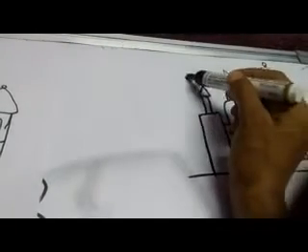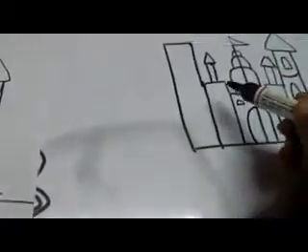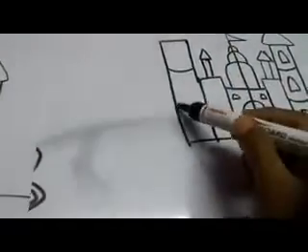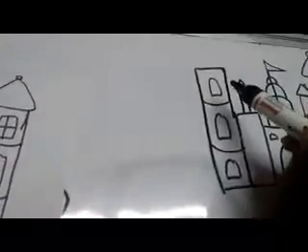Now see on the other side. Try to keep it same so that it looks symmetrical. And then the other side, all rectangles. Windows and one more triangle over it.